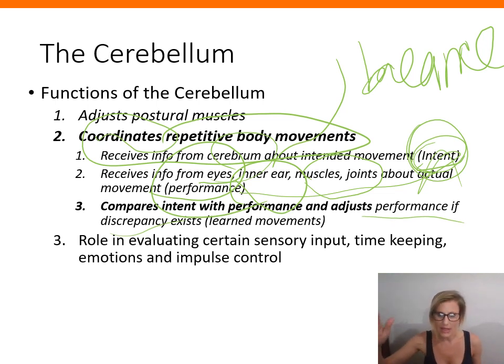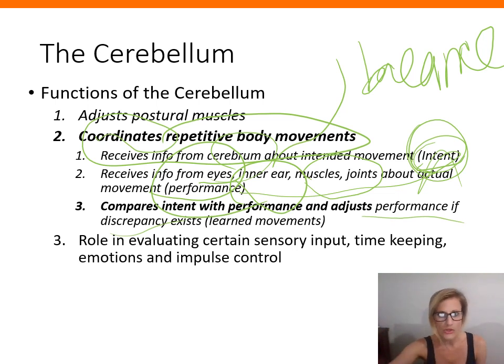So when tapping out a beat, right, predicting when the next beat is going to come, or when you're listening to music, tapping along with the beat of the music. Predicting where a moving object is going to be next is another timekeeping task. So when a ball is thrown, being able to predict where it's going to land, where it's going to go next, is in some ways related to the cerebellum.